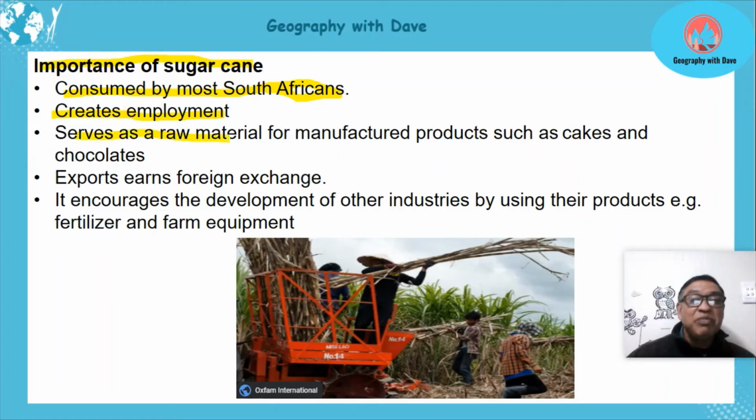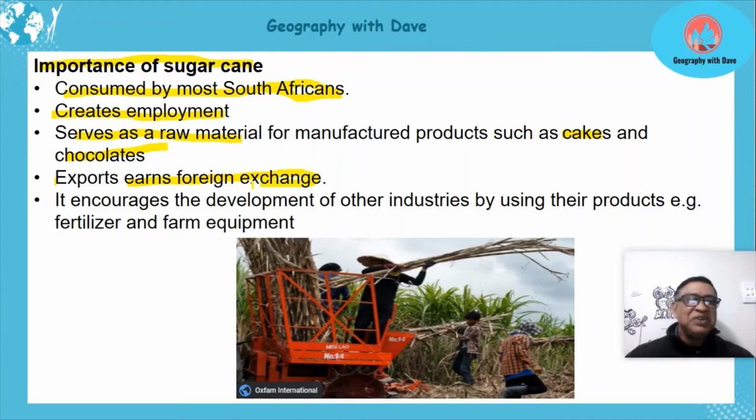It serves as a raw material, again, like the other two products, but with different examples like cakes and chocolates that need the sugar. I don't need to even explain this. It earns foreign exchange, a huge amount of foreign exchange.